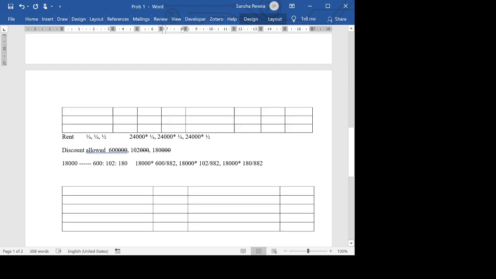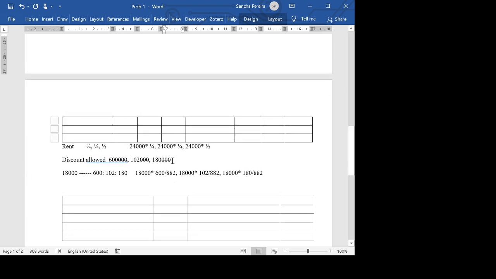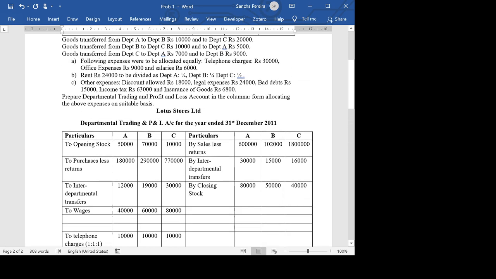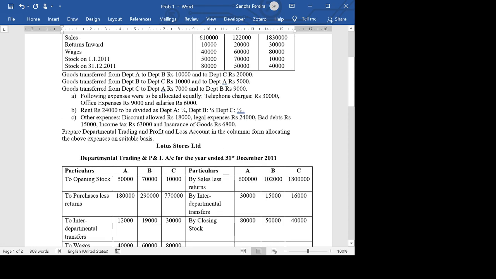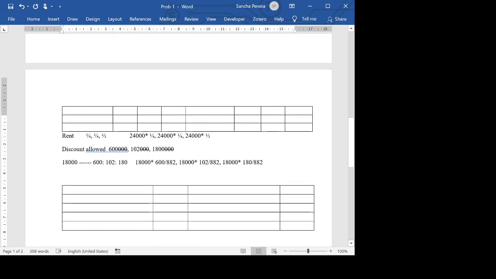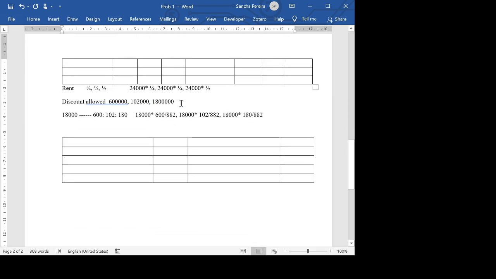Okay, I think I got the ratio a little wrong. This is not 1,80,000, this is 18 lakhs. Just check the sales again. It's 6 lakhs, 1 lakh 2,000 and 18 lakhs.